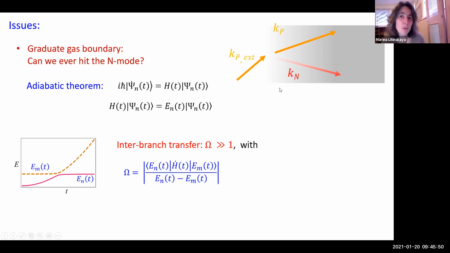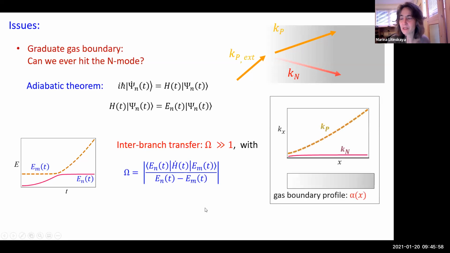So in principle, we do need to have some non-adiabaticity here in order to provide the population transfer into the negatively refracting mode. And that's our spatial analog to the temporal evolution in the classical adiabatic theorem. Here we have a slowly spatially changing gas boundary, and these are our eigenstates, the vectors of the positively and negatively refracting mode.